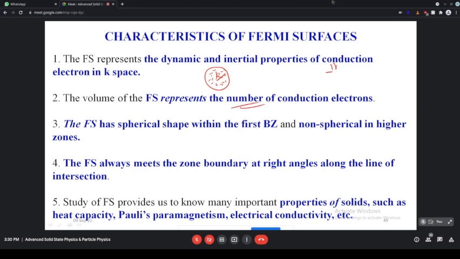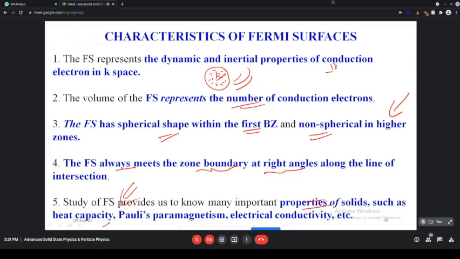If that Fermi surface is present in the first Brillouin zone, it will be spherical in nature, and if it crosses the first Brillouin zone and goes into a higher zone, then it becomes non-spherical in nature. And whenever the Fermi surface meets the zone boundary, it meets at right angles. And this Fermi surface is very important. Using this you can explain many properties of metals.